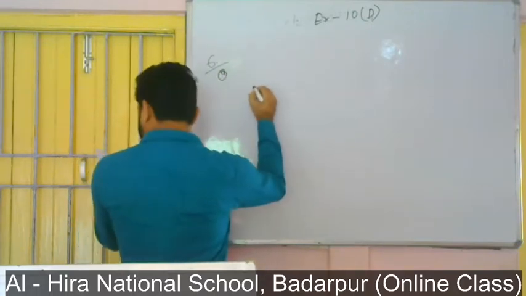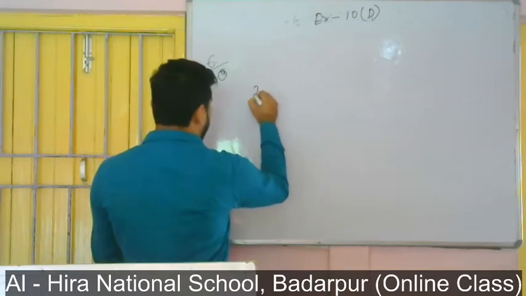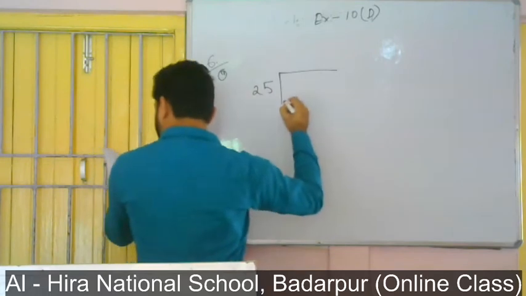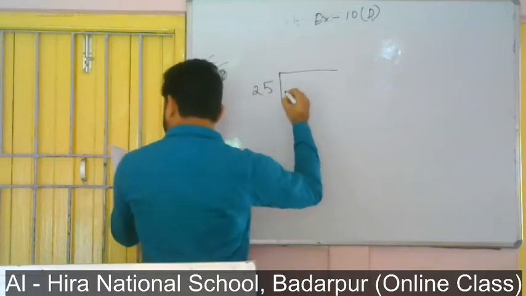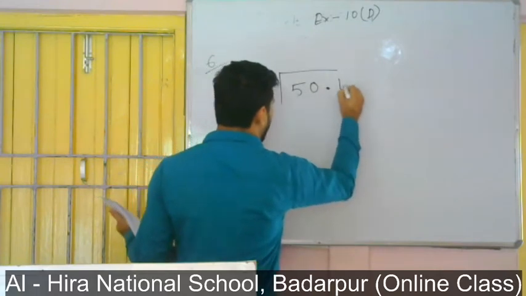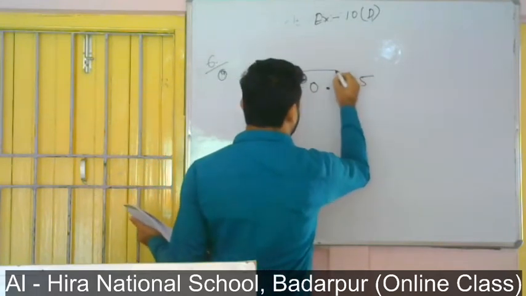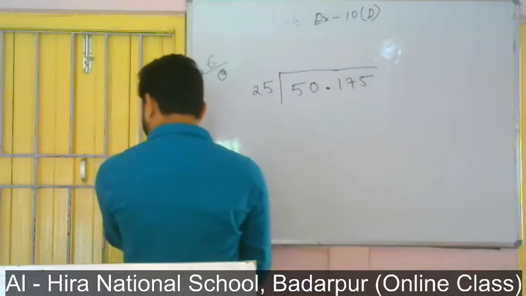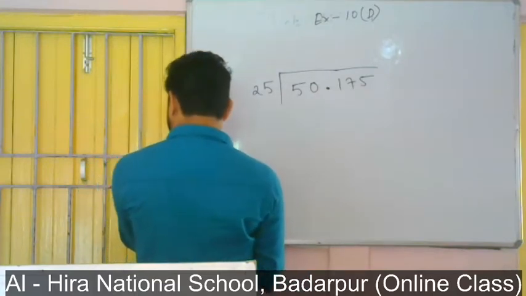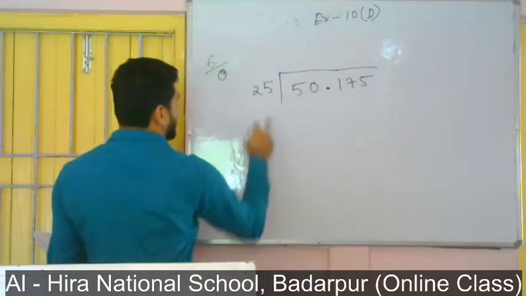Okay, I am not writing the question, I am directly dividing. Okay, you write the question. 50.175. Okay, 25 divided by 50.175.